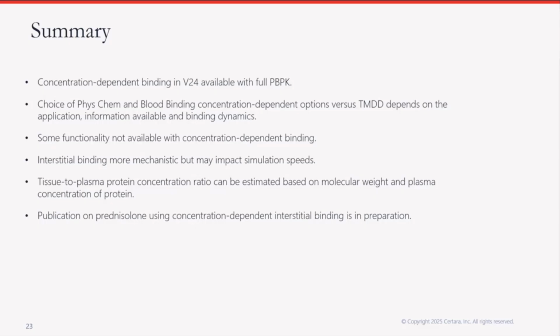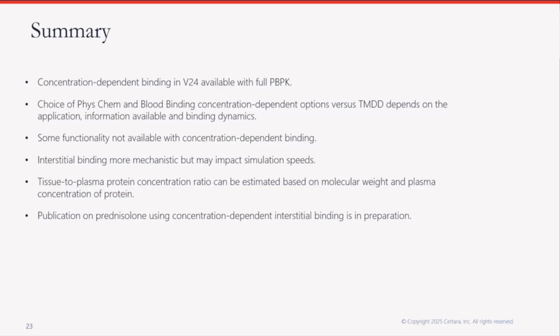If you've got any questions, please either raise your hand or type in the chat box. While we're waiting for other questions to come through, maybe I can ask a question. There are multiple options when we're doing the concentration-dependent red blood cell binding or the plasma binding.